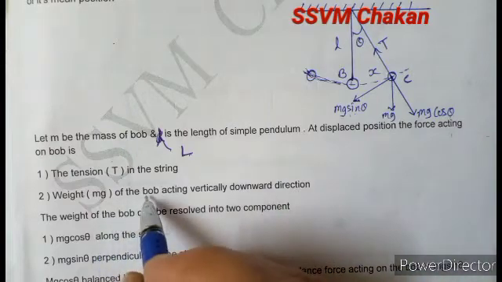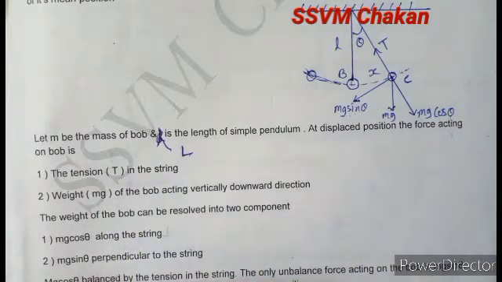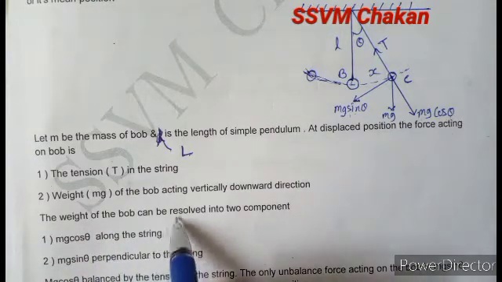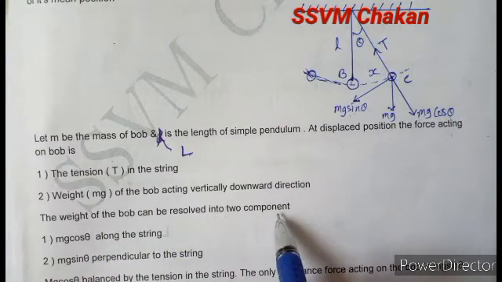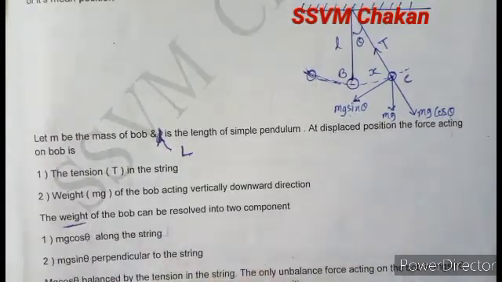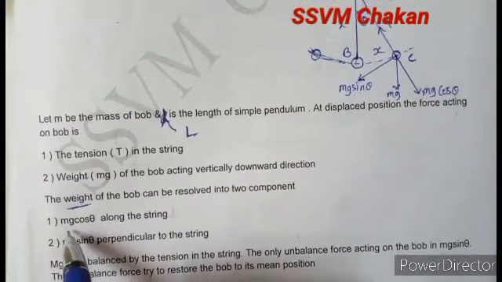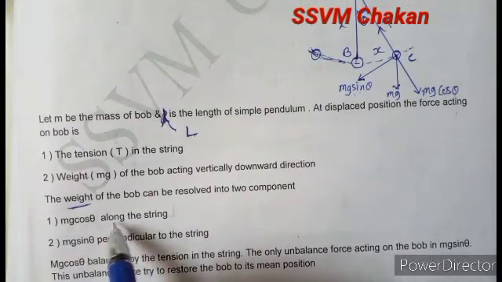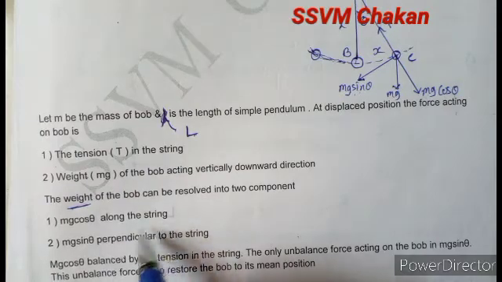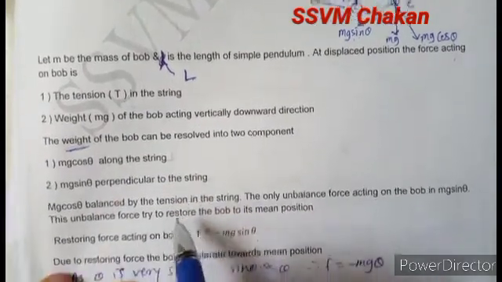What is a bob? Bob means a metal sphere. The weight of the bob can be resolved into two components. Remember, in a simple pendulum, the weight gets resolved, not the tension. One component is mg cos theta along the string and mg sin theta perpendicular to the string.